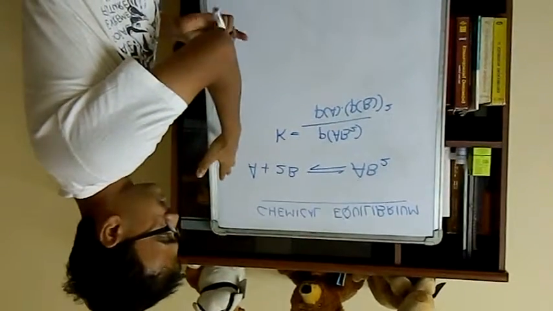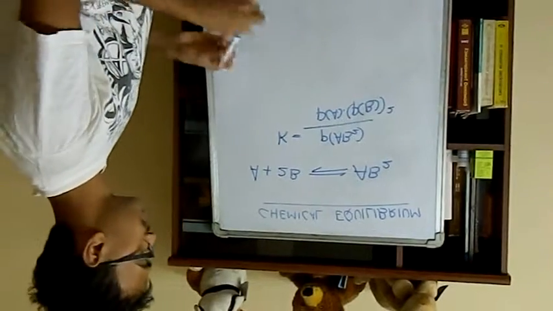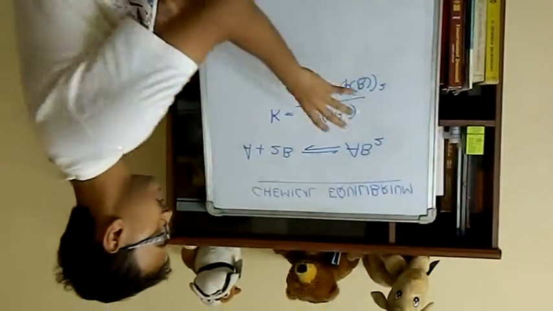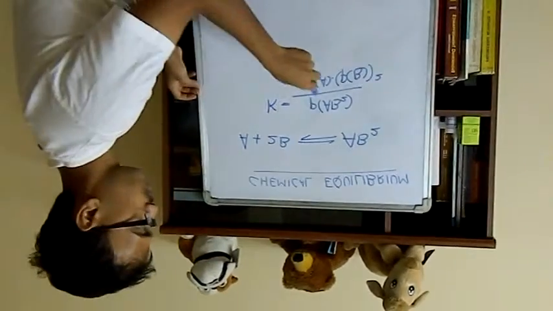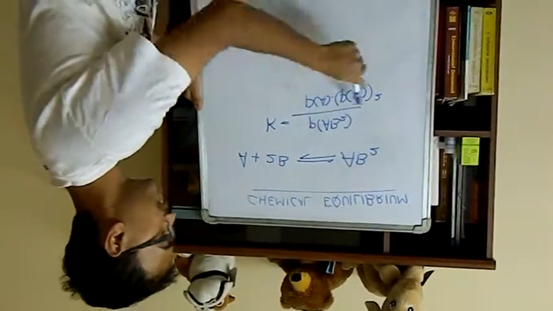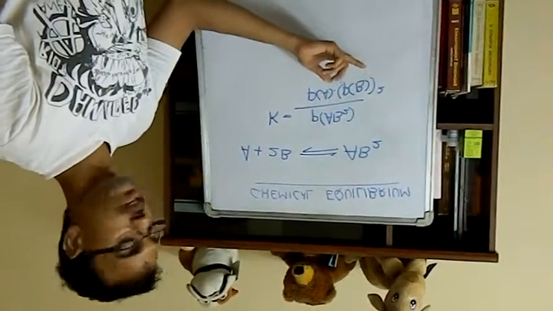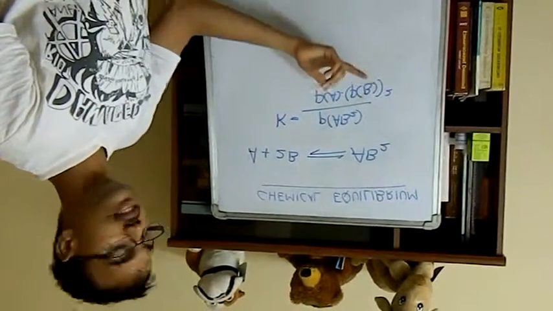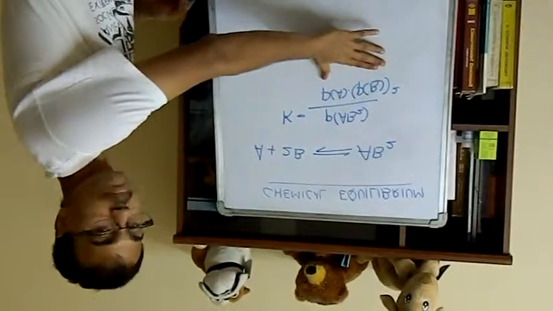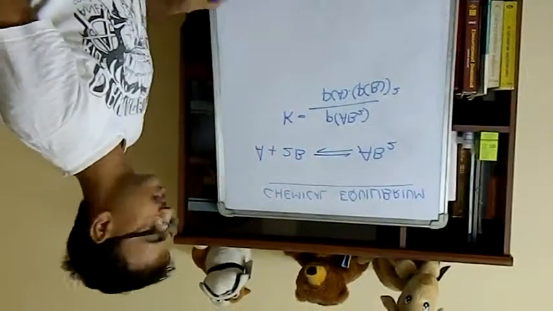The reaction proceeds in the forward direction to some extent until it is in a new equilibrium. And this quantity, the partial pressure of AB2 divided by the partial pressure of A and the square of the partial pressure of B, is the same as the initial value.